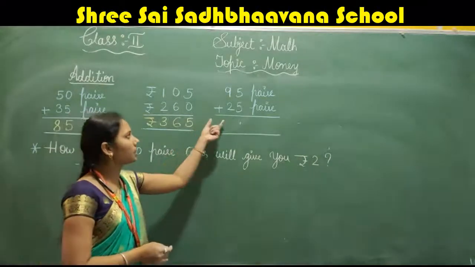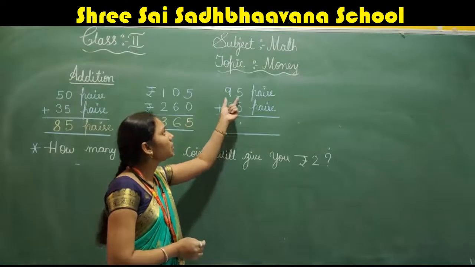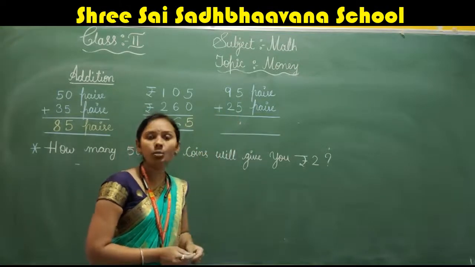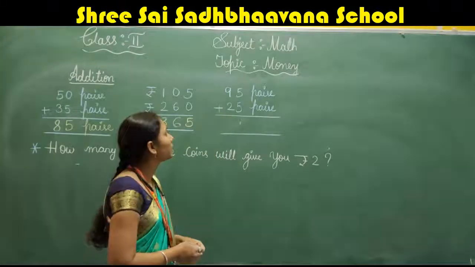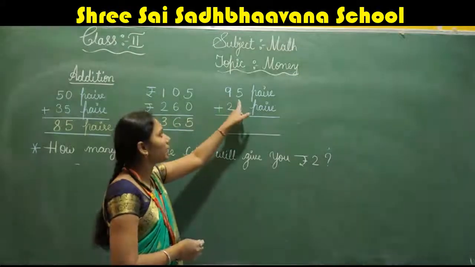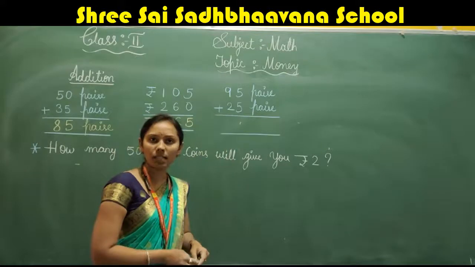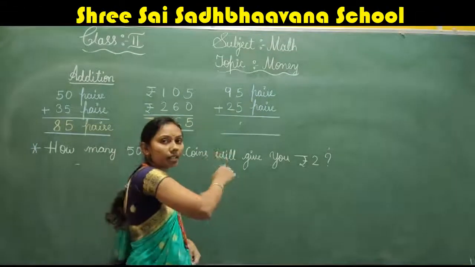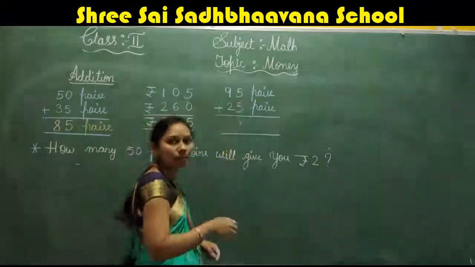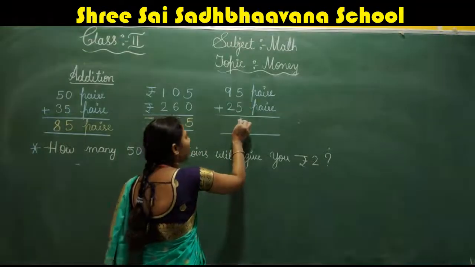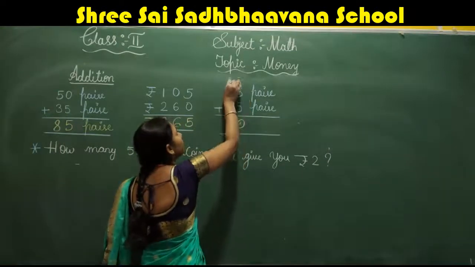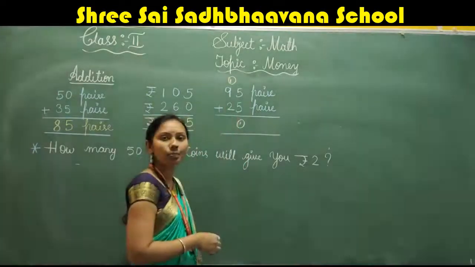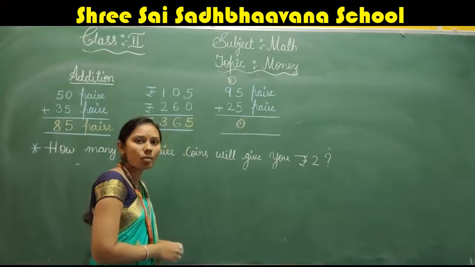Right? So next, here we can see one more sum, which has 95 paise and 25 paise. Here we can see 95 paise plus 25 paise. Let us start adding. 5 plus 5 is 10. Right, children? So 9 plus 2. 9 plus 2 how much?